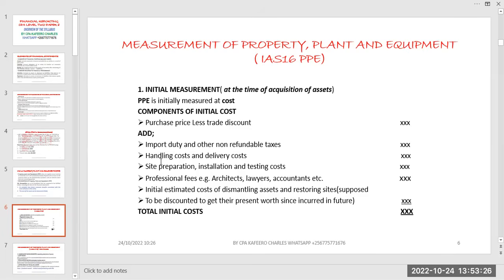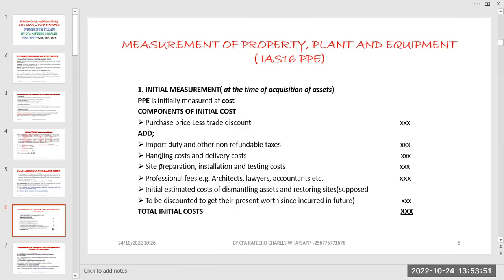Of course, that's obvious. When you acquire any asset, the amount you have paid to acquire that asset is what we are going to be recording in our financials.